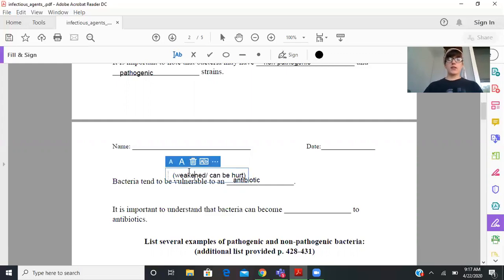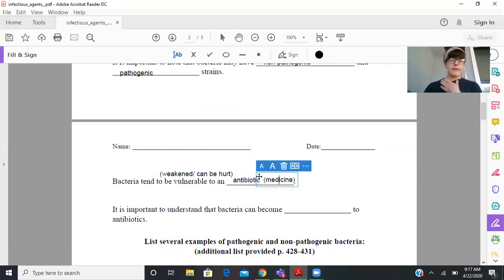And that's good because viruses can't be treated by antibiotics. So if you have a virus, you always have it. You always have like part of it. It's just active or not active. Whereas a bacteria, you can get rid of all the way because there's an antibiotic or a medicine. Some of you may have had to take an antibiotic if you had strep throat, and it'll go away.